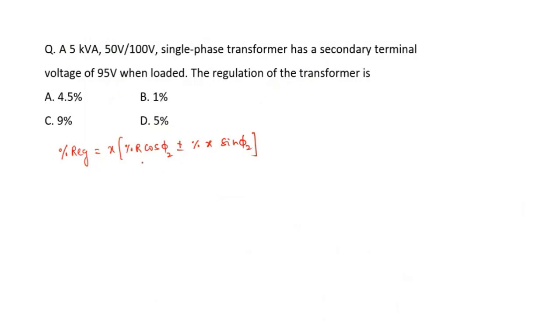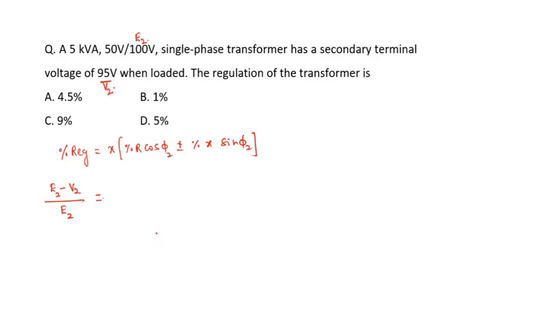So he did not mention anything about R and X, but regulation we can write as E2 minus V2 divided by E2 into 100. So anyhow, I can say that this is the primary and this is the secondary. Obviously, the secondary terminal voltage is 95. So this is E2 and this is V2, the secondary terminal voltage.